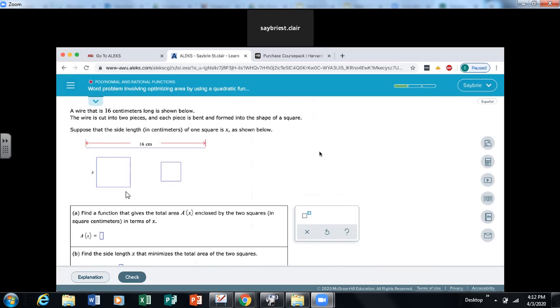Pretty lengthy one, but this is what I get right here. The x squared is pretty straightforward, but the 16 minus x piece was a little bit harder when I FOILed it: 16 minus x times another 16 minus x. So when I combine them together, I get 2x squared minus 32x plus 256.